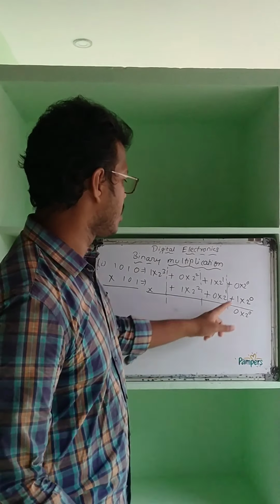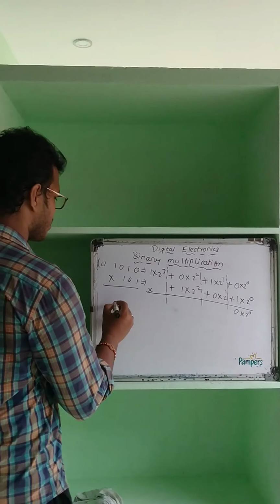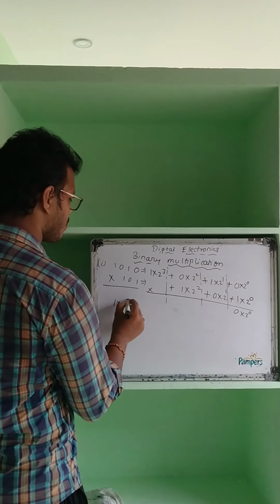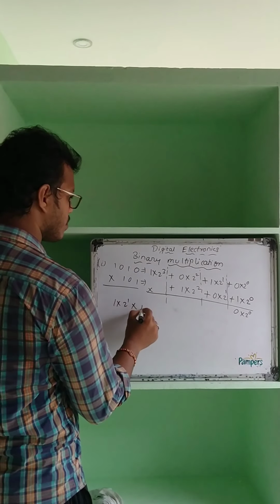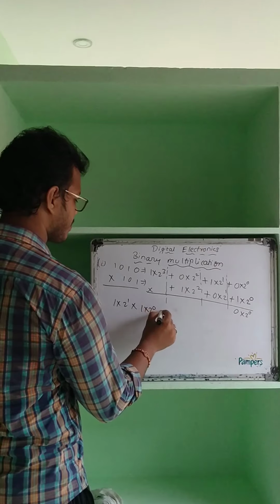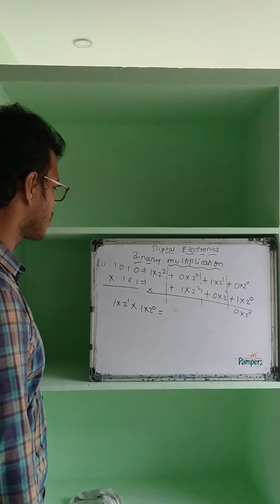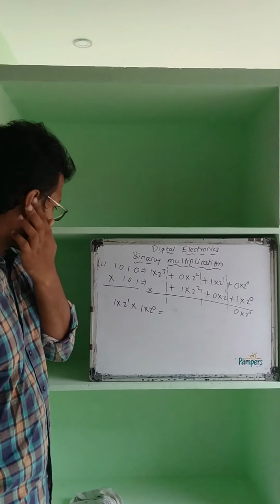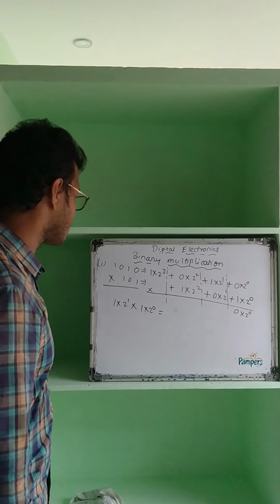Next, we multiply 1 into 2 power of 1 by 1 into 2 power of 0, which is equal to 1 into 2 power of 1.